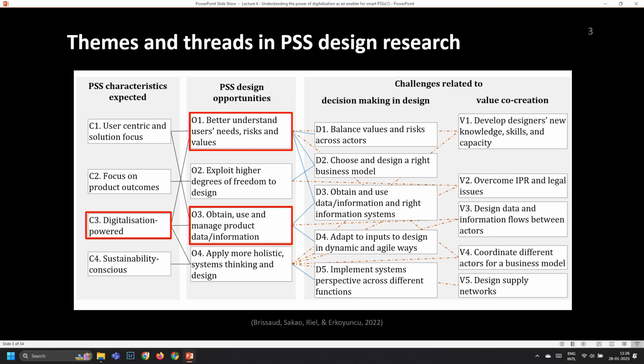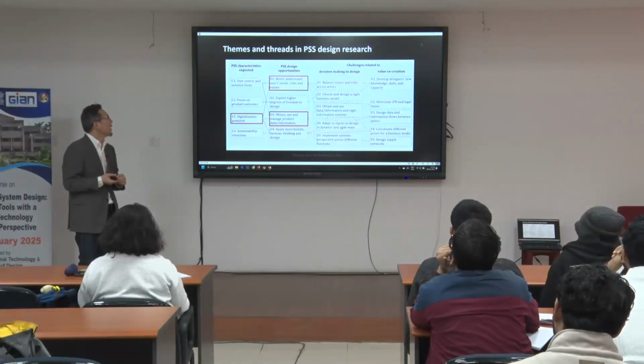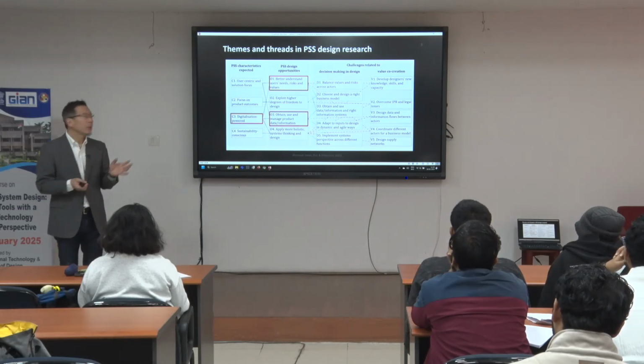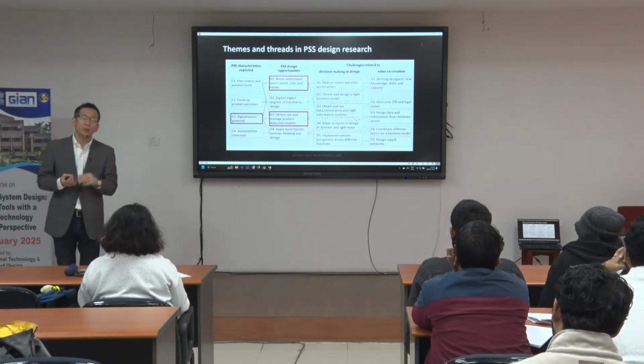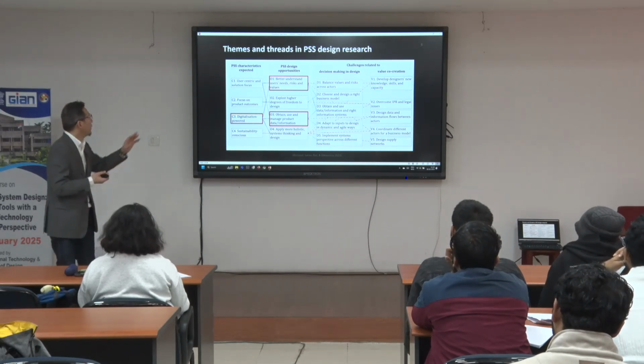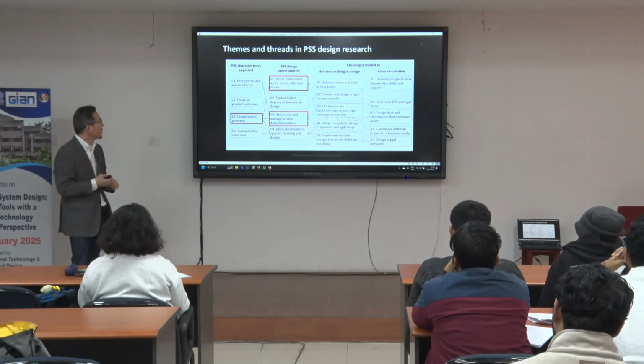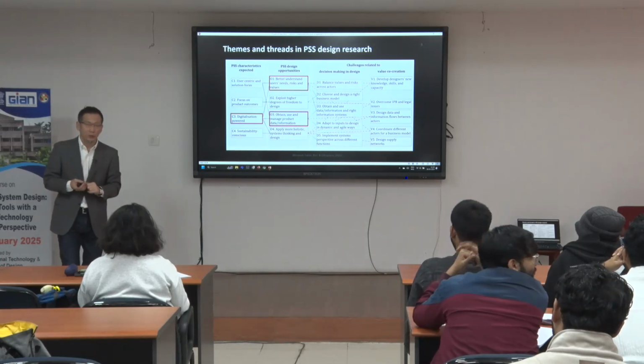And then we can obtain, use, and manage product-related data and information. Typically, industry talks about product lifecycle management software packages, and that kind of business relates to this PSS design opportunity.